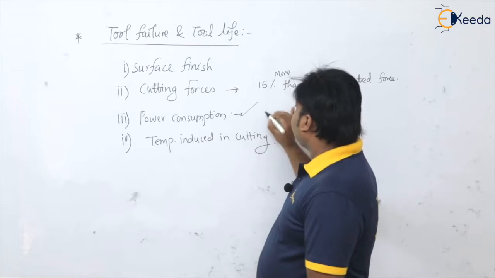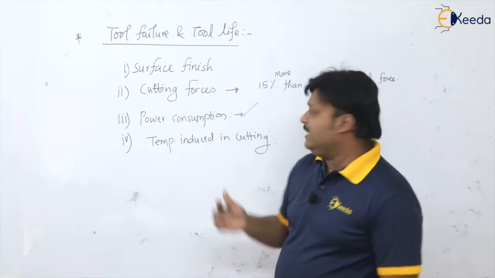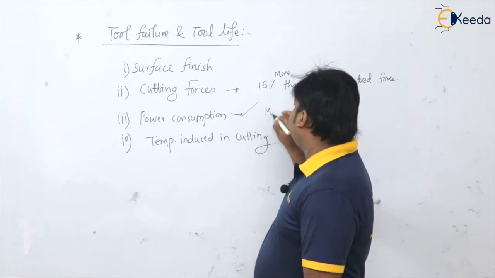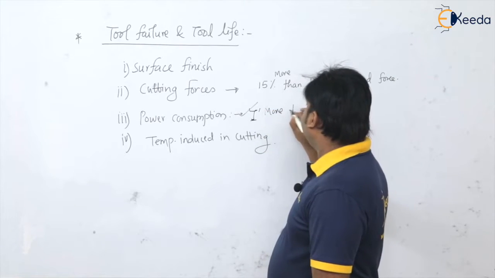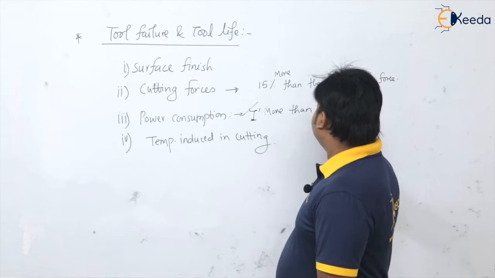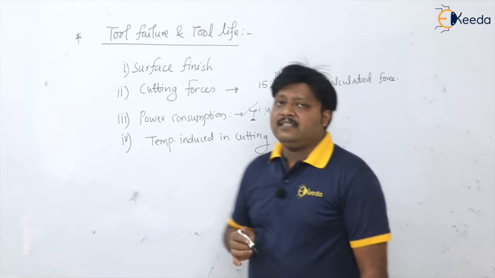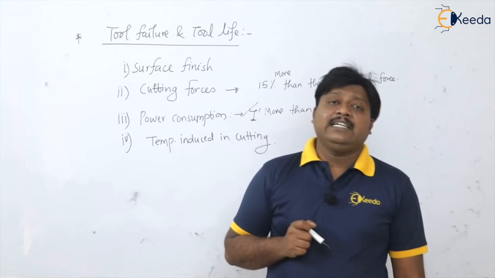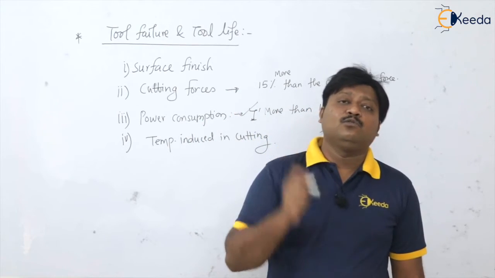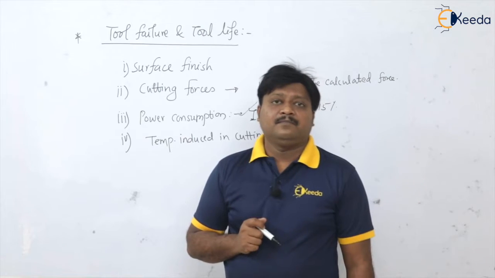So when the current drawn by the electrical motor is more than 15%, you can say that the power consumption goes on increasing. So you can get the idea that the tool is failed.